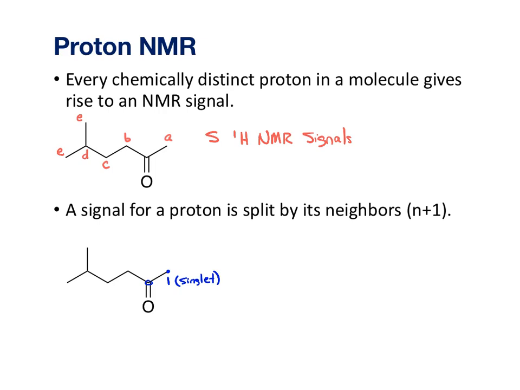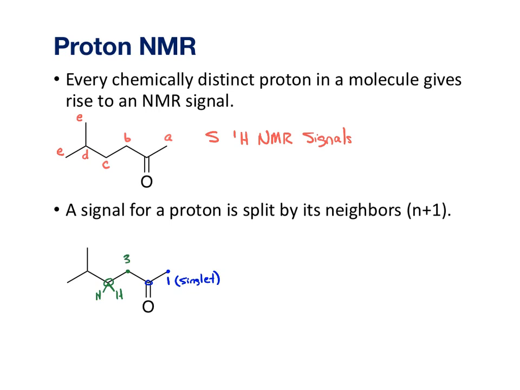Okay, now let's look at this carbon, or the protons on that carbon. On its neighbor, there's 2 hydrogen. So we take 2 plus 1 is 3.